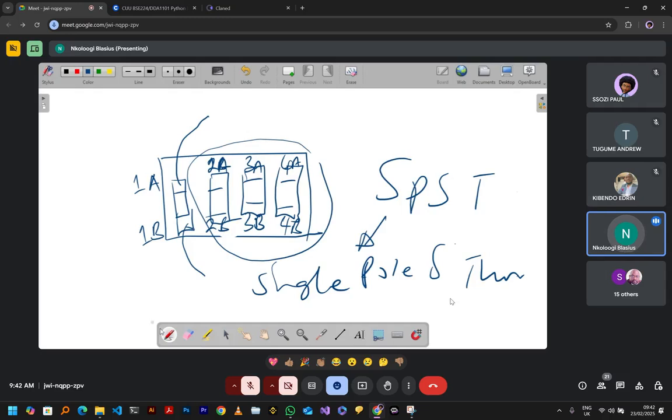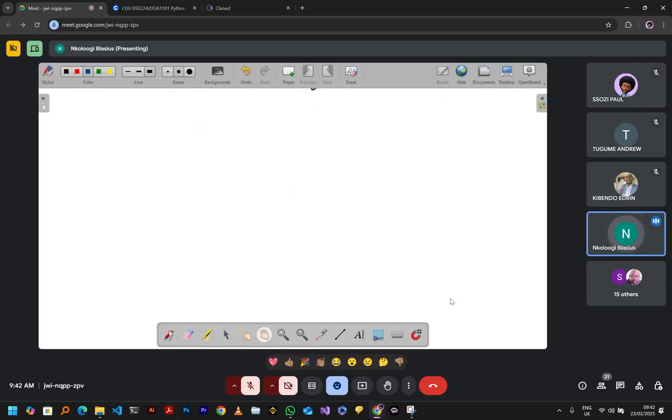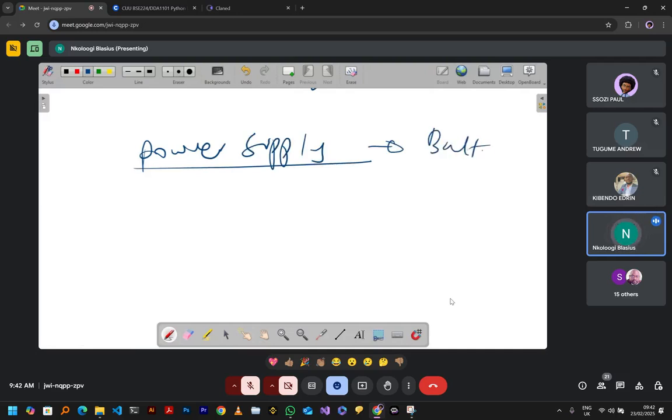Then we shall also have to use a power supply. Of course, a power supply could be a battery. There is always a negative terminal and a positive terminal.